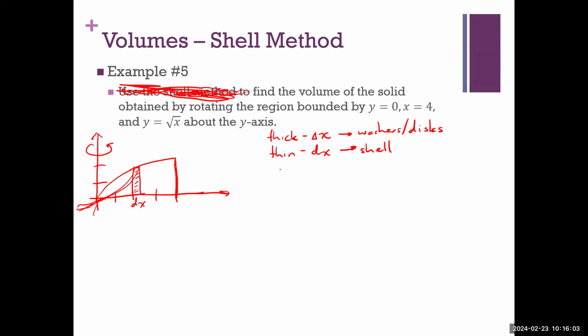So we decided to do vertical rectangles, and I decided that we are wrapping around the y-axis, right? So we're going to use what method? Shell method, right? Come on, come back. So how do we set up the shell method?